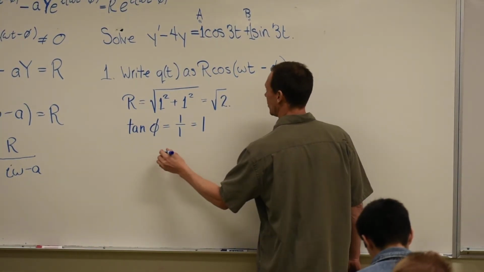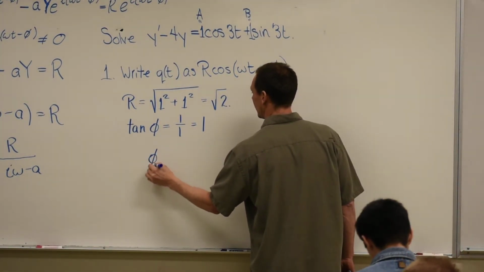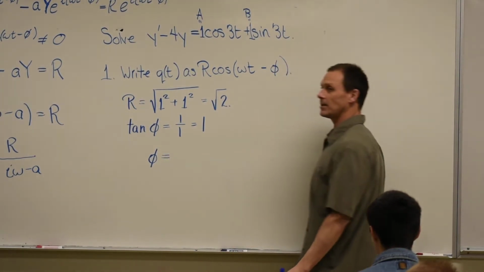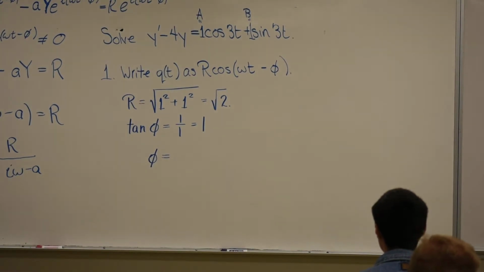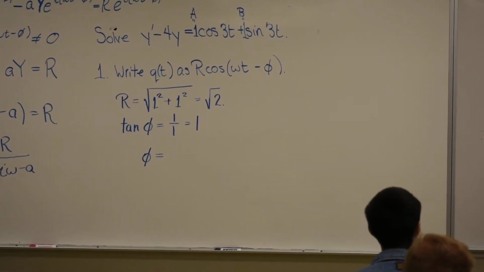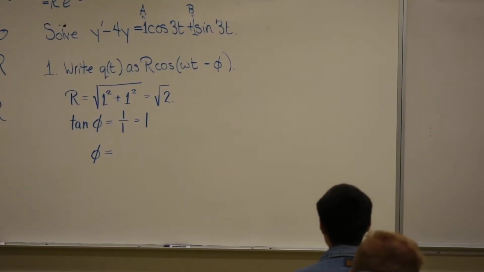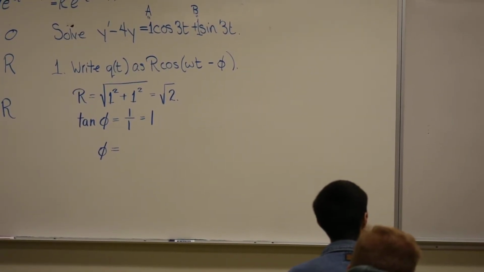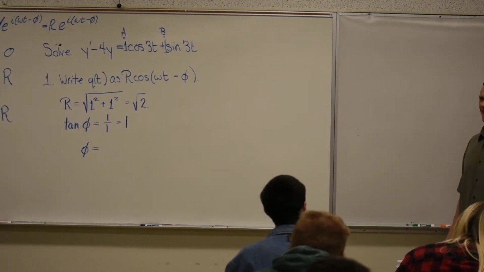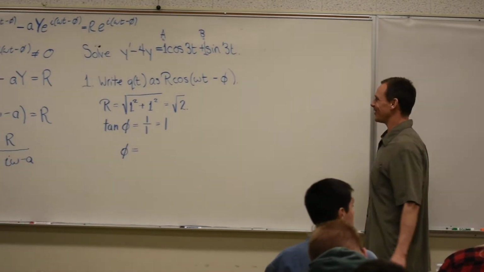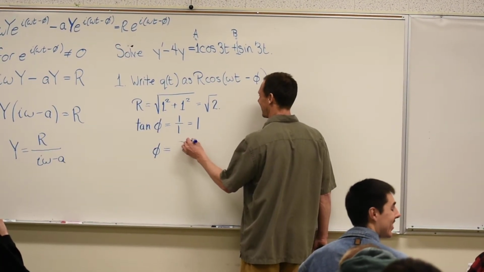Trig review would give us that phi is what? Pi over 4.